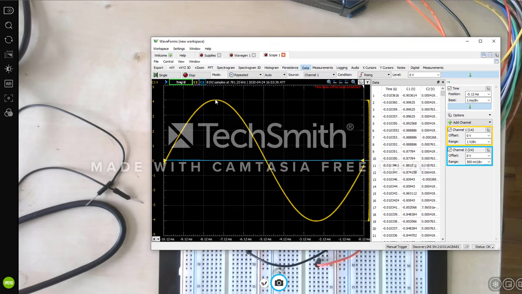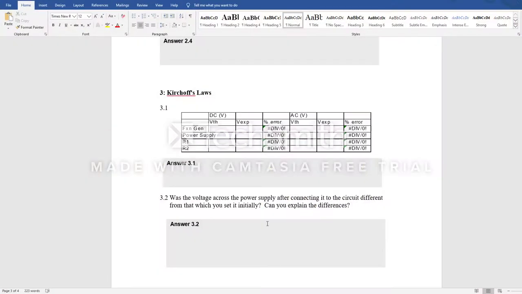It's as expected, a peak-to-peak voltage of 8 volts. Let's also see it numerically. Yeah, it's 3.99 to minus 4.01. So it is an 8-volt peak-to-peak supply.